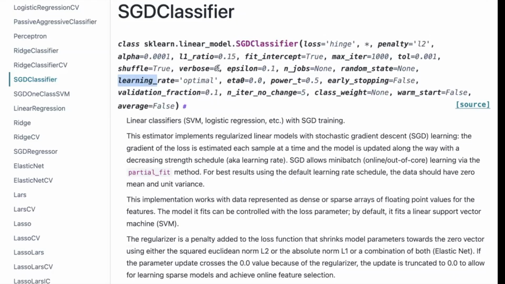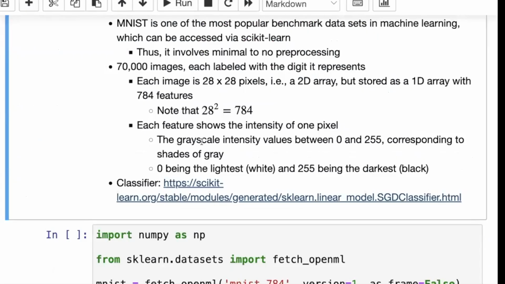We discussed this for regression problems, the idea of adding a penalty term to the loss function to control the complexity of a model. So this is something we can do here by adjusting this penalty term. This is a very nice implementation of a classifier that can work with multiple loss functions, including logistic regression, which is the main focus of this video.